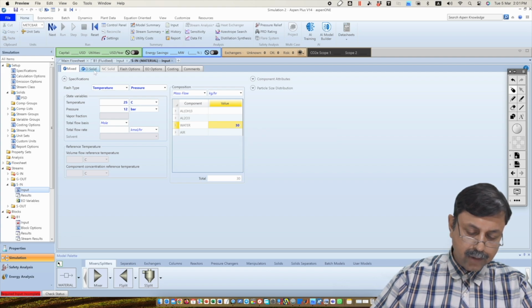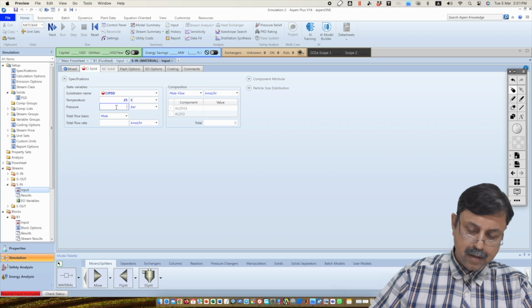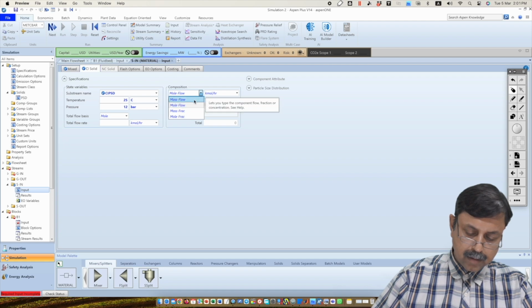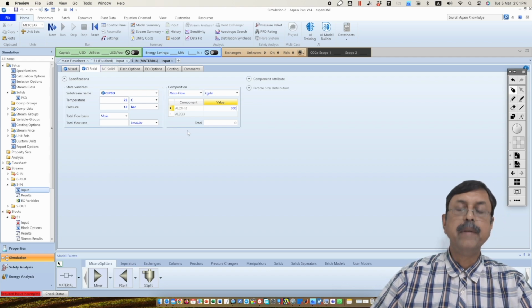Go to CI solid. Here again 25, 12 bar pressure, and 300 kg per hour aluminium hydroxide.